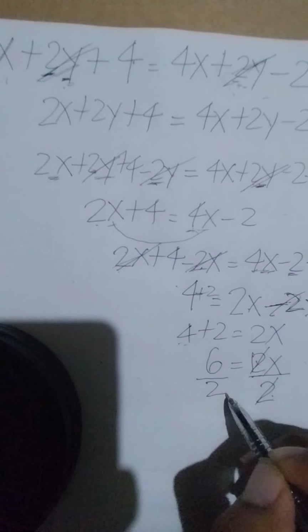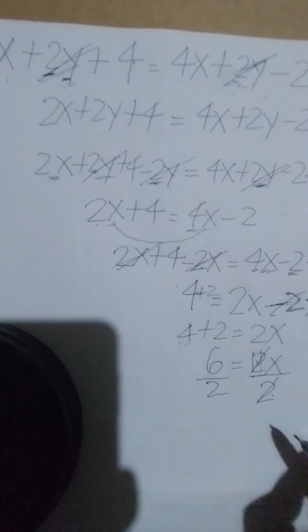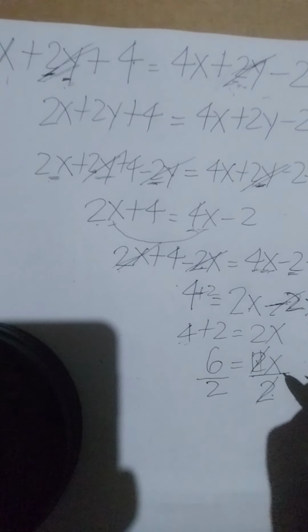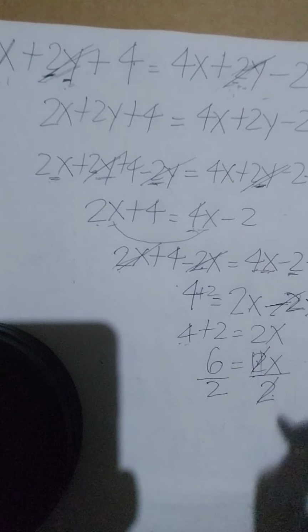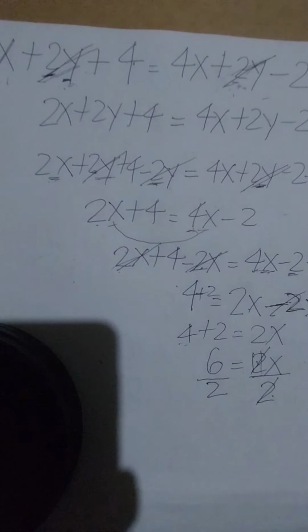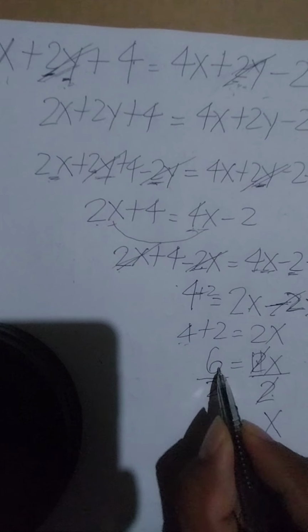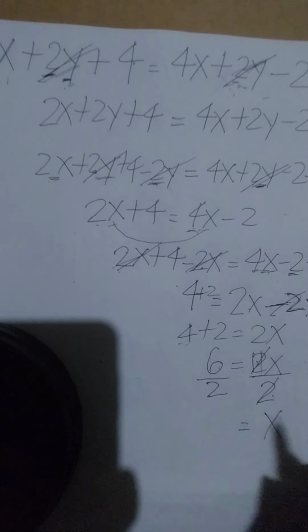Okay, divided by 2. So, ito, 2 divided by 2, that is equal to 1. So, it means, si x na alone na lang nag-iisa dito. Si x alone na iiwan dito sa kabila. So, ibig sabihin, it is already homogeneous na. Nag-iisa na lang si x sa kabilang side of the equation. Okay? X equals to 6 divided by 2. 3.